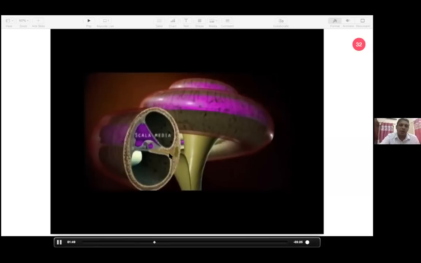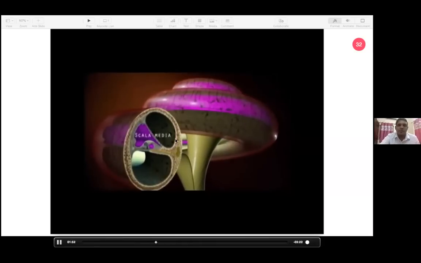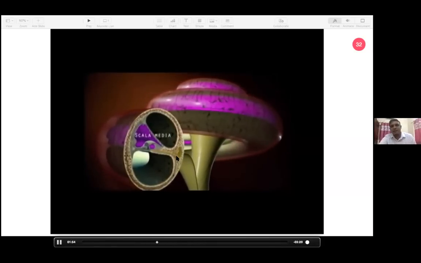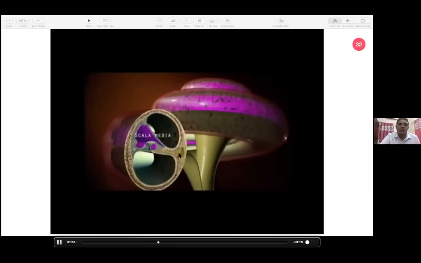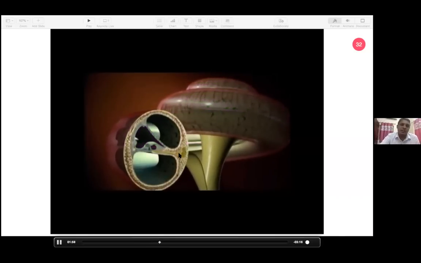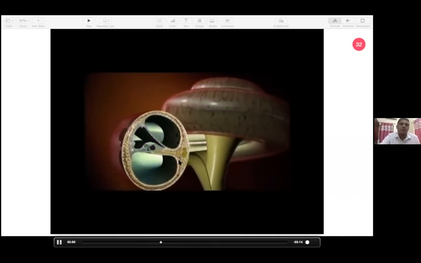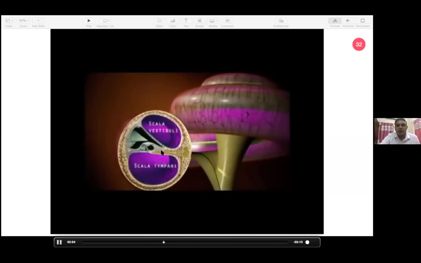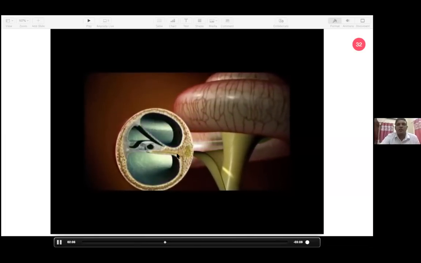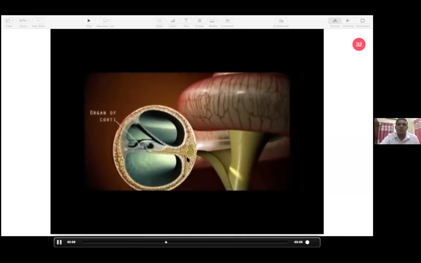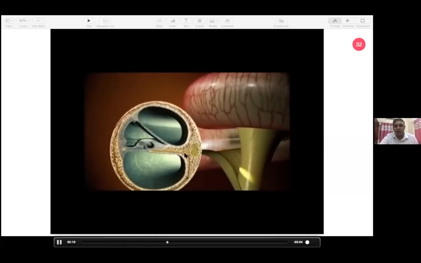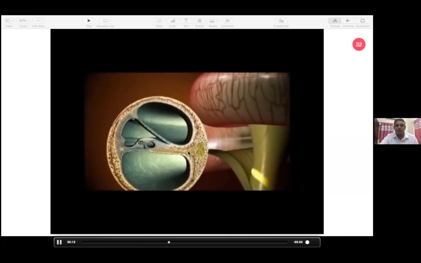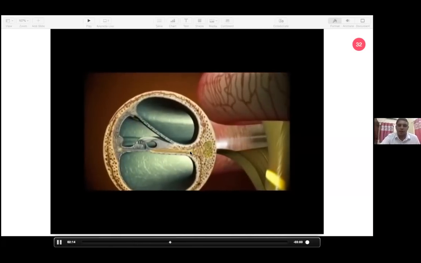The spiral modiolar artery is given by the internal auditory artery, which is a branch of the anterior inferior cerebellar artery, which is in turn a branch of the basilar artery. The spiral veins are tributaries of the inferior cochlear vein, which drains into the sigmoid sinus, running along the cochlear aqueduct.